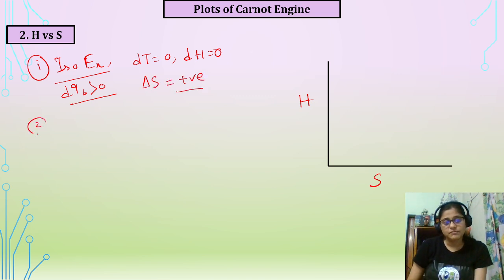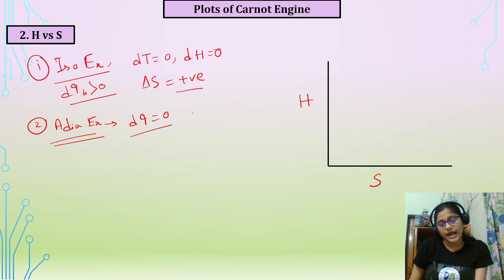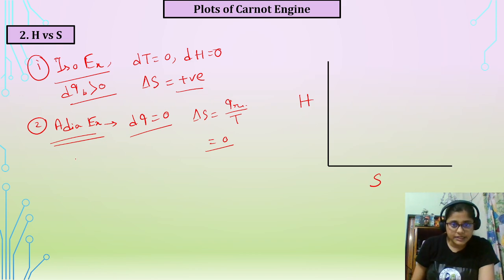Second step, adiabatic expansion. Fine. For adiabatic expansion, we know dq equal to 0, and we know delta S is q reversible by T, which means it will be 0. And as the temperature has changed, cooling takes place.